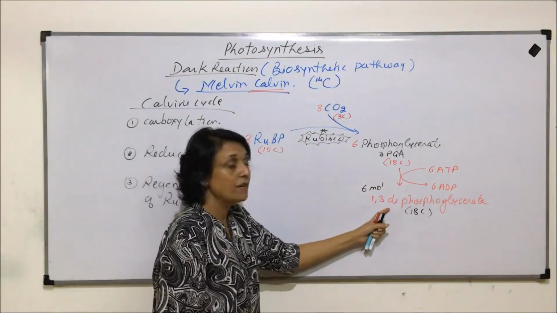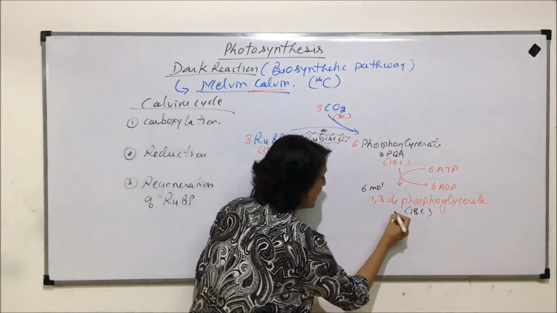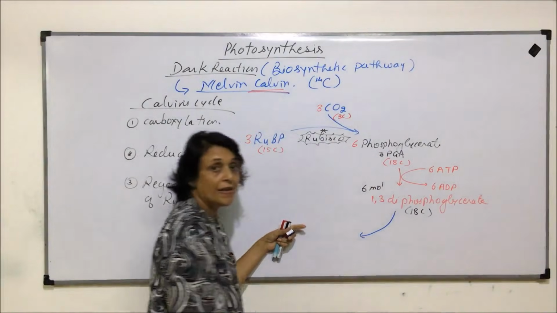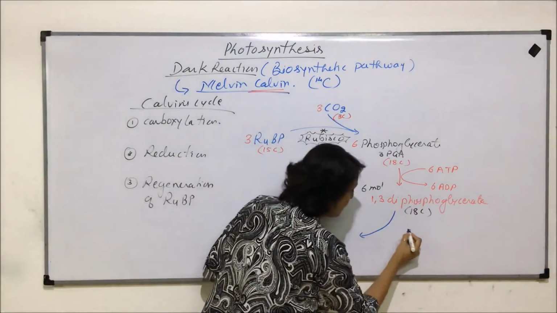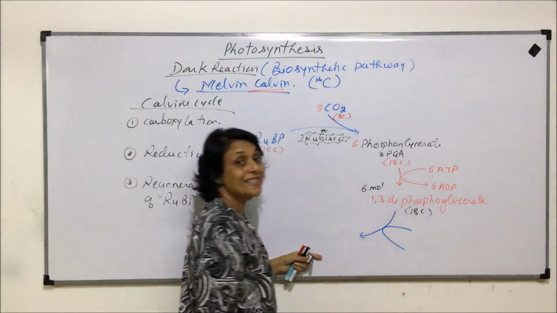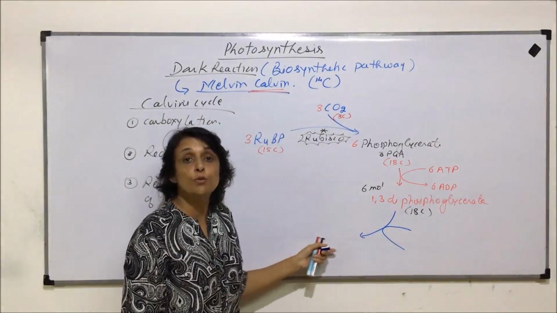This diphosphoglycerate undergoes reduction. That means now we are coming to the second step, reduction. And for reduction there has to be some agent which is going to reduce it.